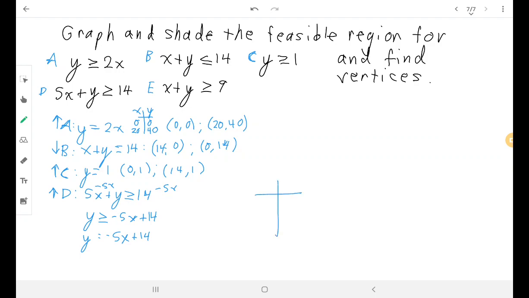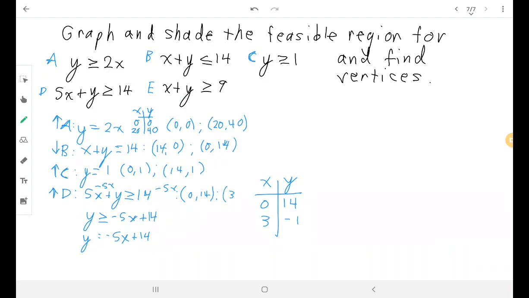And then I can say y equals negative 5x plus 14, and I can create a little table for that. Maybe I'll do that over here. Table of x's and y's. If I were to plug in 0, I'd get 14, so that's sort of convenient. So one of my points is 0, 14. And then if I were to plug in 3, I would get negative 1.